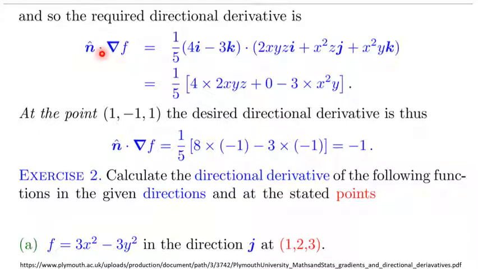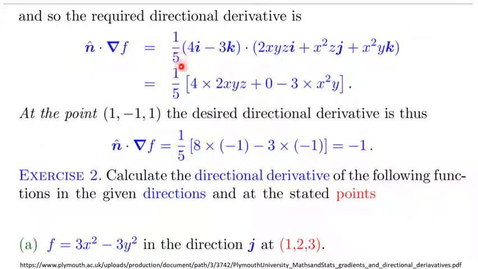Don't forget that when we multiply n with del f, it is a dot product, because the directional derivative is a scalar quantity. So we have to multiply these two by the dot product only, then we get a scalar quantity. Otherwise we again get a vector quantity.